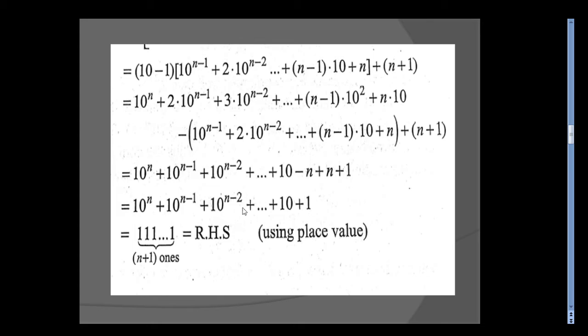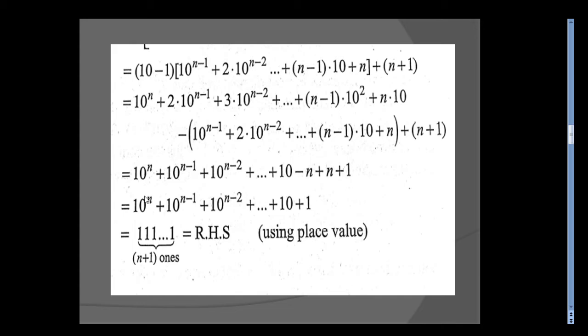So what is the highest power here? The numbers are actually multiplied with 1: 1 into 10 power n, 1 into 10 power n minus 1, 1 into 10 power n minus 2 and so on. Here also 1 into 1. Now it is in expanded form, so all the coefficients are ones. But how many ones will we get?